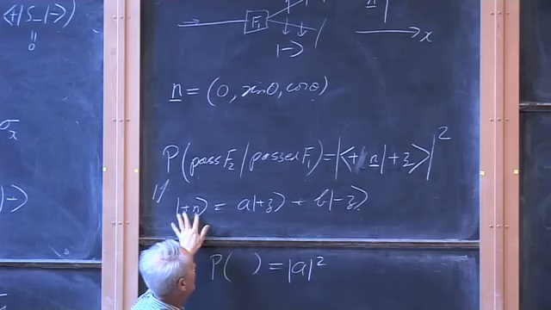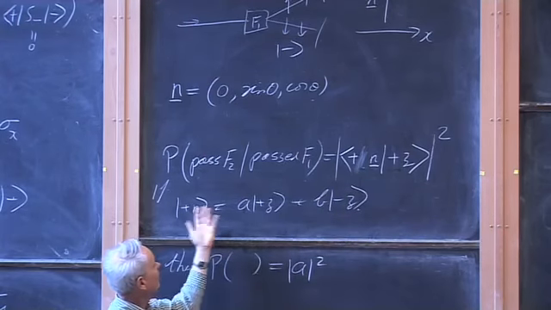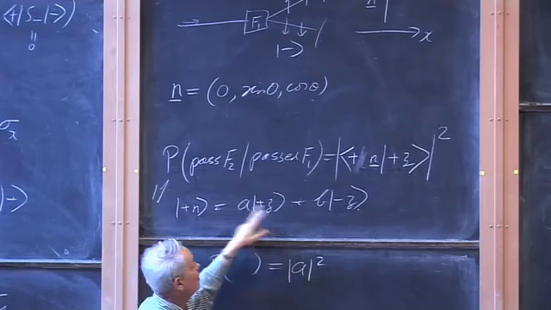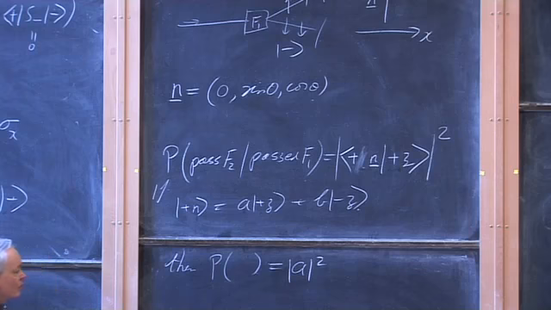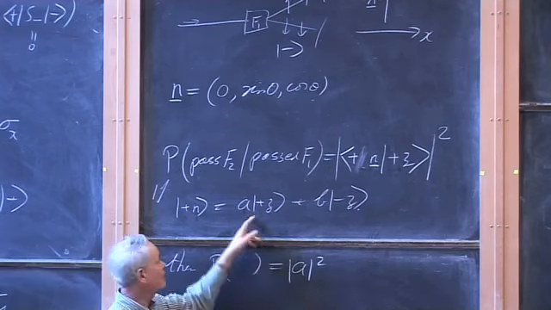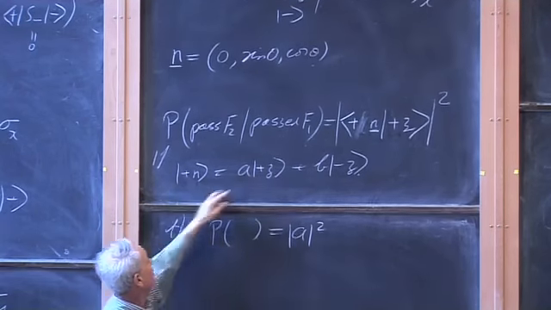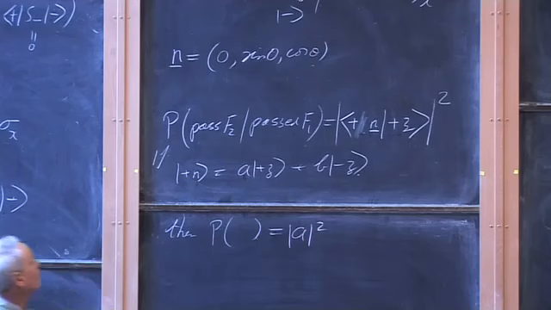To get out of this ket, you get the bra you want up there by complex conjugating it. You'd have an A star, bang in with plus z, and you pick out A star. So the probability we want is just mod A squared. So that's our exercise: find A and B, and we'll be all done.